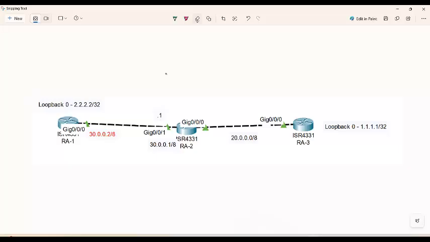See, definitely a protocol consumes CPU. Routing protocol, if you enable it instead of a static route, if you enable a dynamic routing protocol, they need to discover, they need to update, they need to keep checking whether there is any change. If there is a change, immediately they need to update.